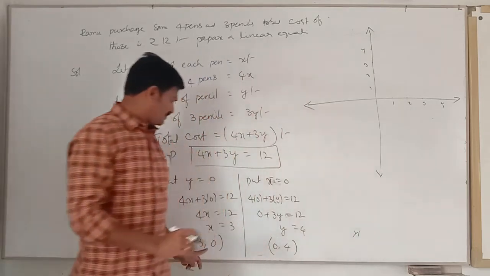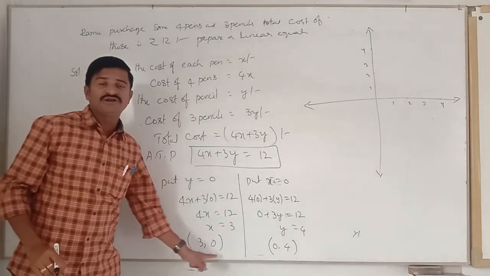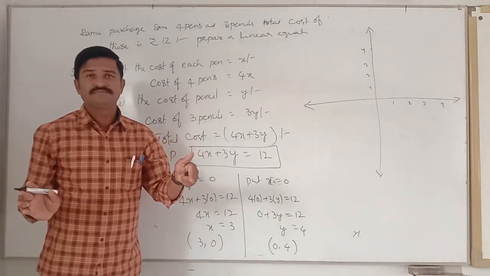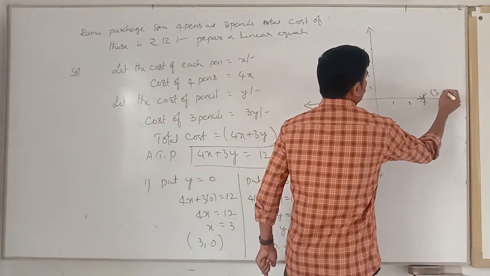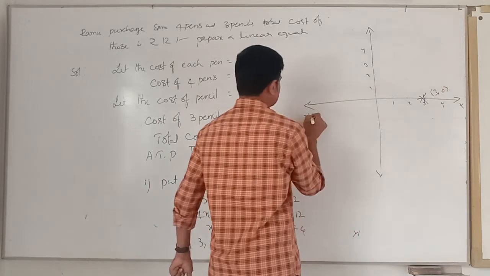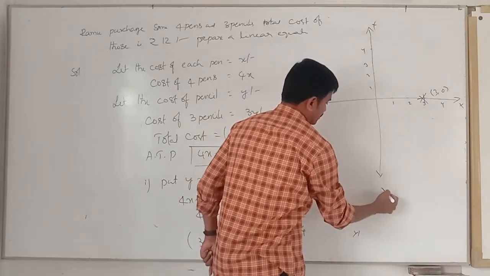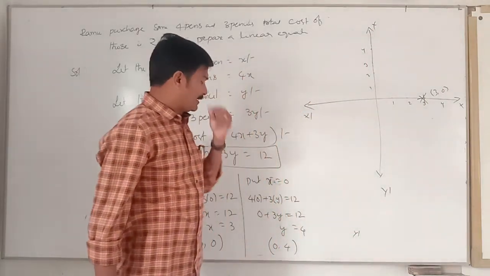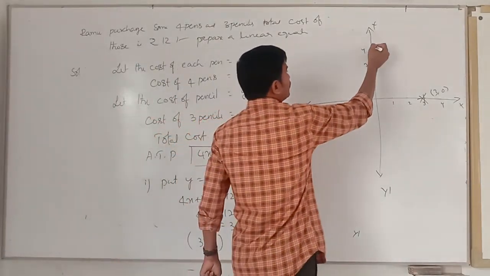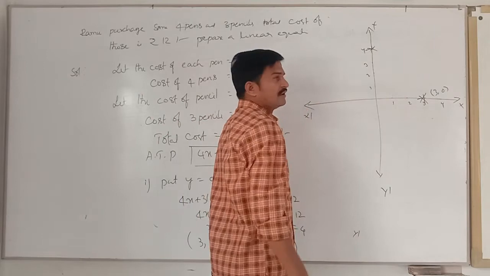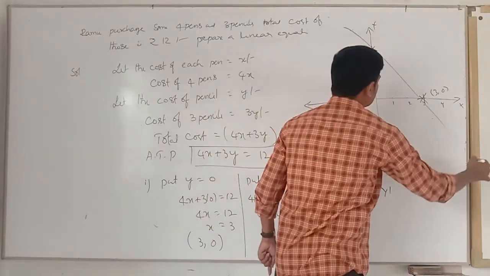What is the first point here? 3, 0. 3, 0 lies on which axis? X axis. So this is 3, 0. X dash, everything you have to mention. Are you clear? And 0, 4. 0, 4 means where will it come? Y axis.